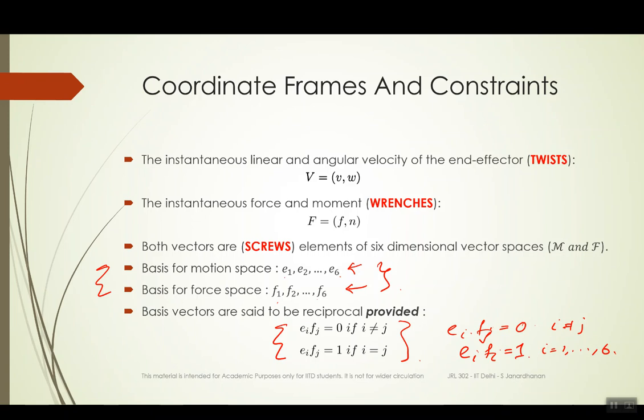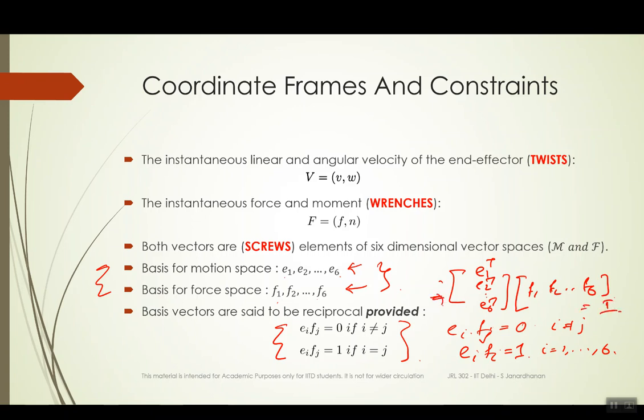Okay, so in some sense, if I arrange it in this manner, that is, if I write E1 transpose, E2 transpose, up to E6 transpose, and write this as F1, F2 up to F6, this product will be an identity matrix.